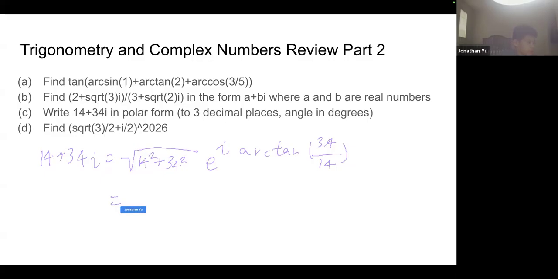So this is equal to 36.770 times e to the i 67.620 degrees.